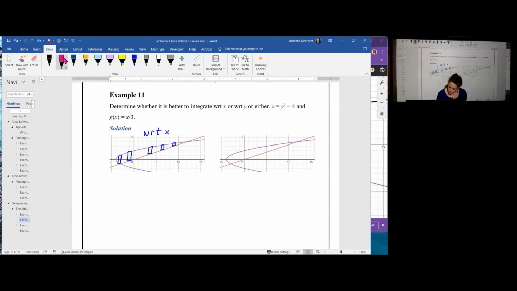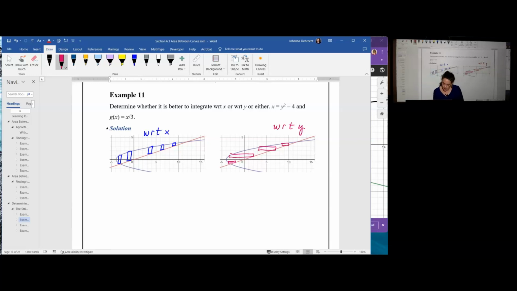Let's look at what it would be like to go with respect to y instead. With respect to y, I draw my strips horizontally, going from the bottom to the top as y increases. In this case, I always have the line on the right and the parabola on the left. So it would be simpler in this case to go with respect to y.